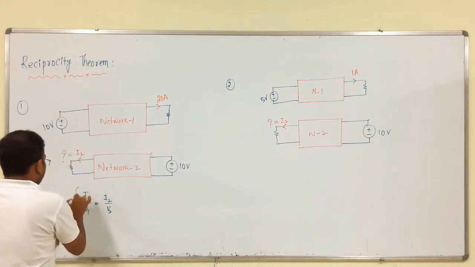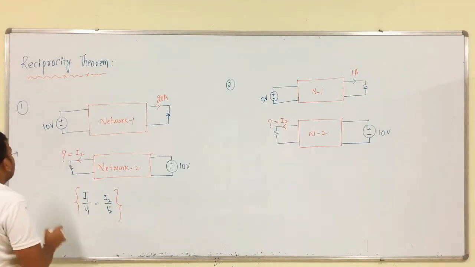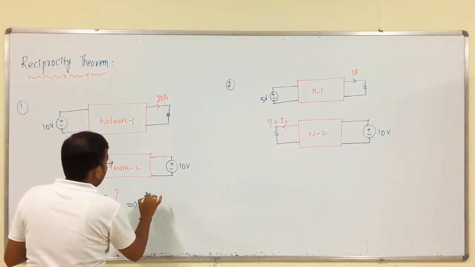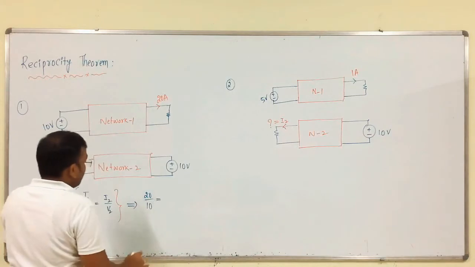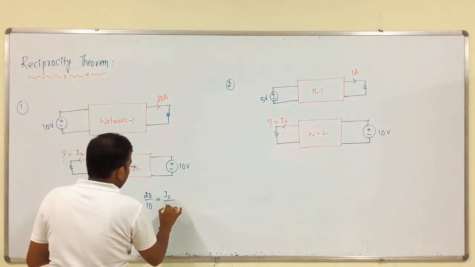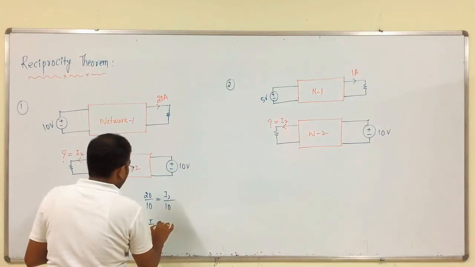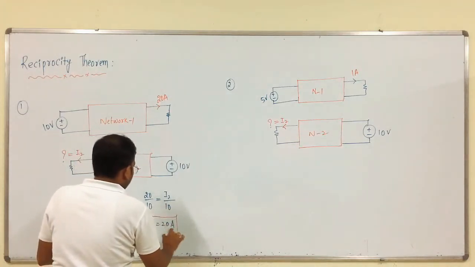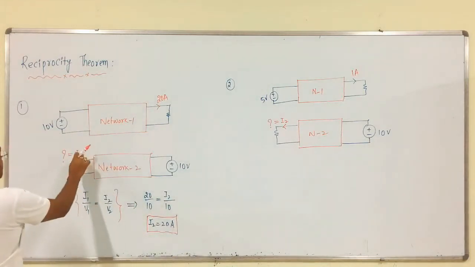This is the statement for reciprocity theorem. So, here from this 20 by 10 should be equals to I2 by V2, and V2 is also 10. So, I2 is equals to 20 amps. Same amount of current through this branch.